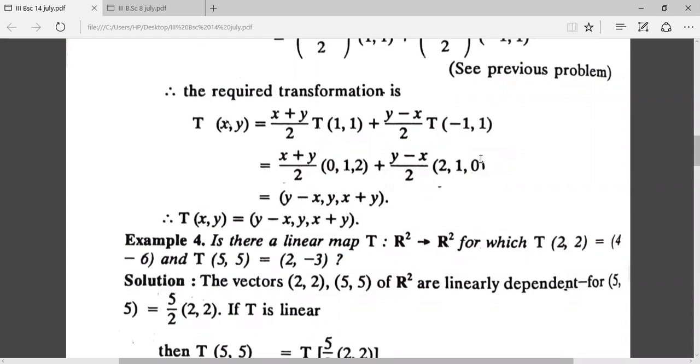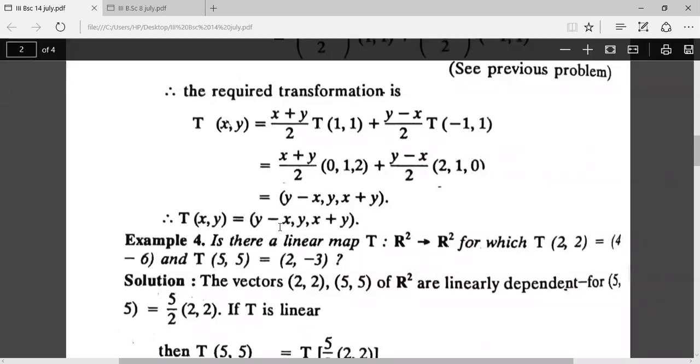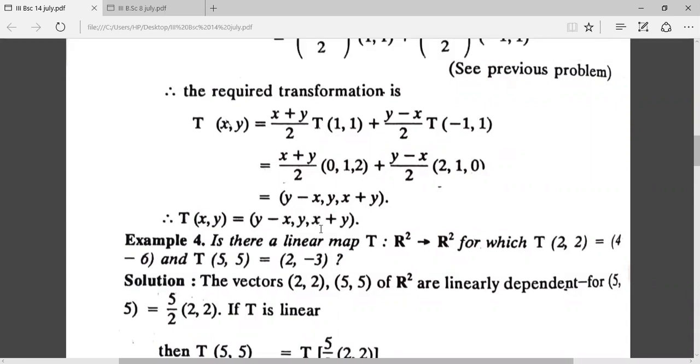Third component: (x plus y) by 2 into 2, the 2 cancels, so you get x plus y. So the linear transformation T of (x, y) is (y minus x, y, x plus y).